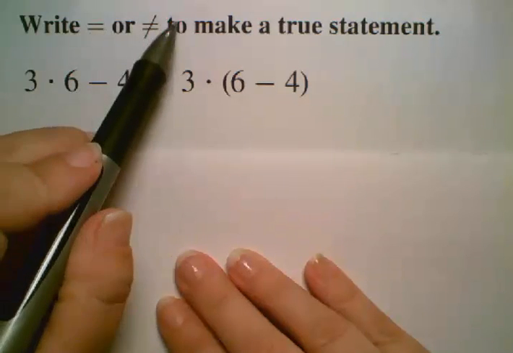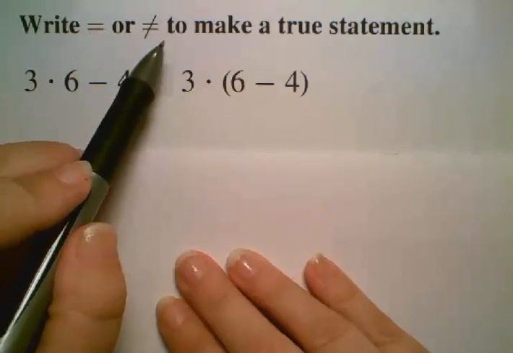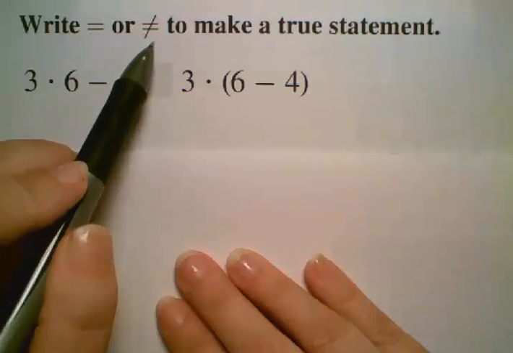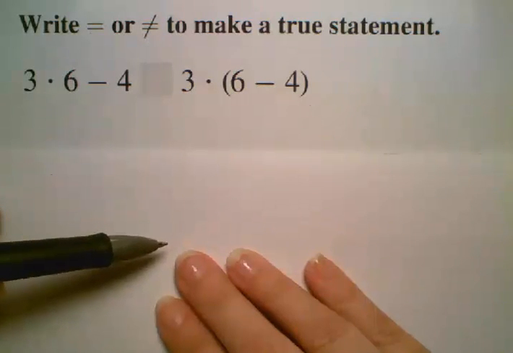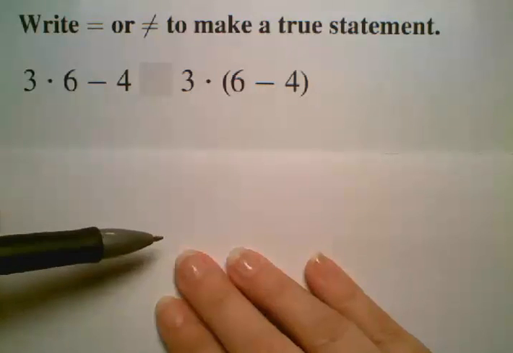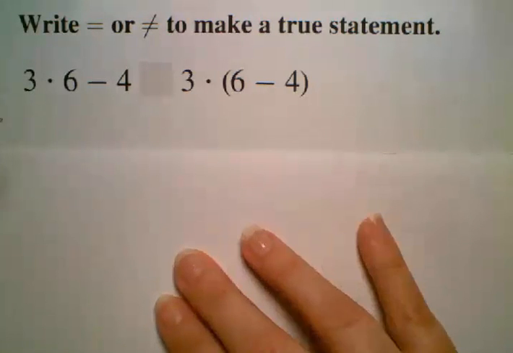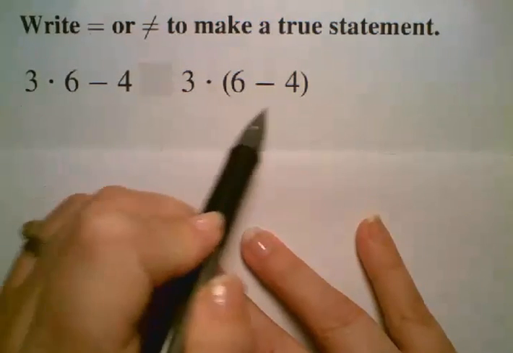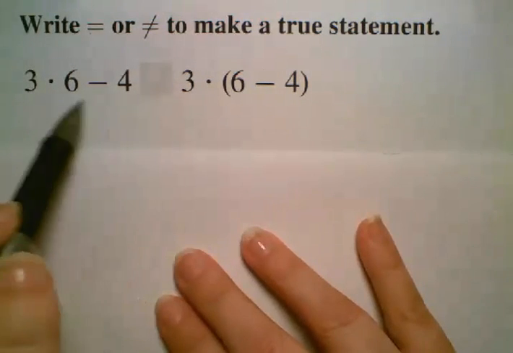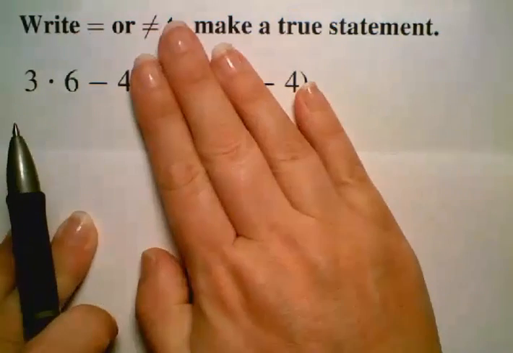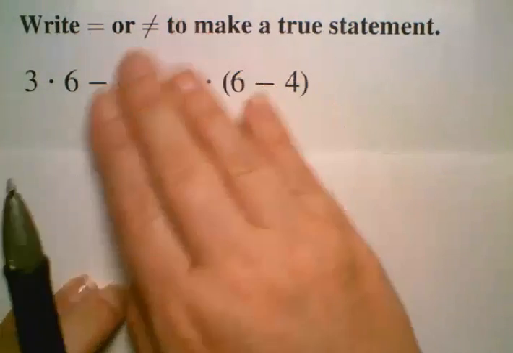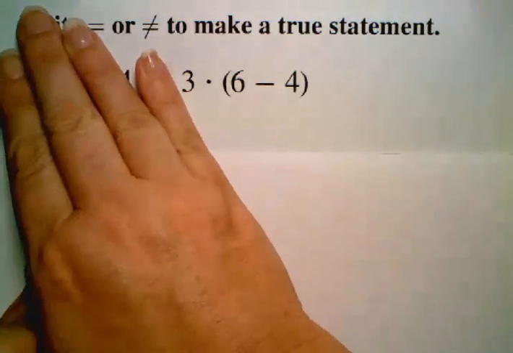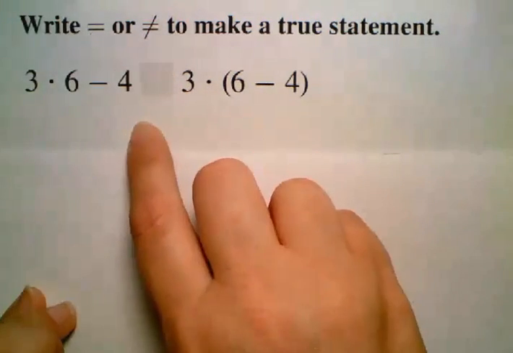We will see this come up again and again, and it's a handy symbol to know whenever you want to say something is not equal to something else. So we have to keep in mind the order of operations, and each side of this potential equation is an expression. So we want to solve this expression first, and then solve this expression, and then decide if they are equal to each other.